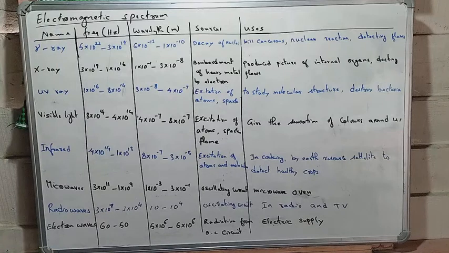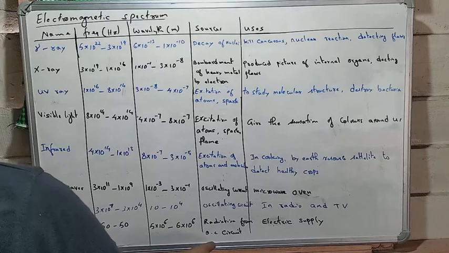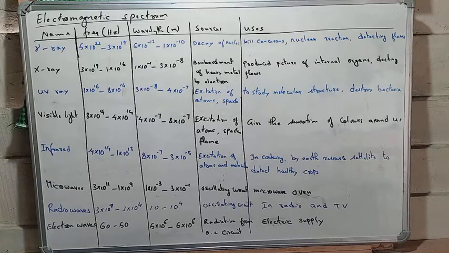Last is the electron wave. This wave has a frequency from 60 to 50 hertz, and the wavelength is 5 into 10 to the power 6 to 6 into 10 to the power 6 meter. It is produced by radiations from the AC circuit.